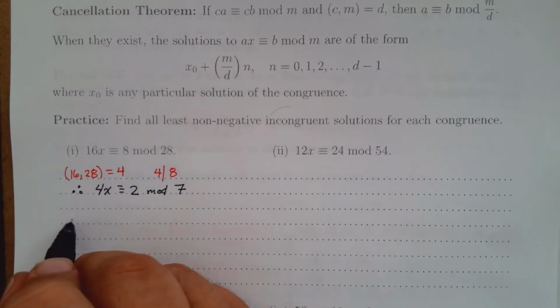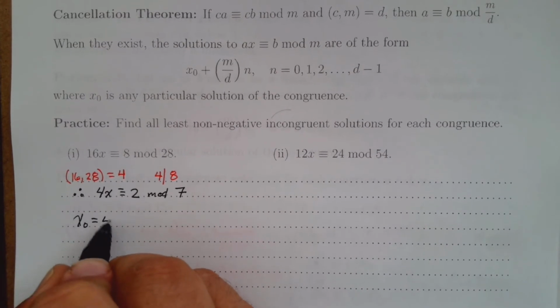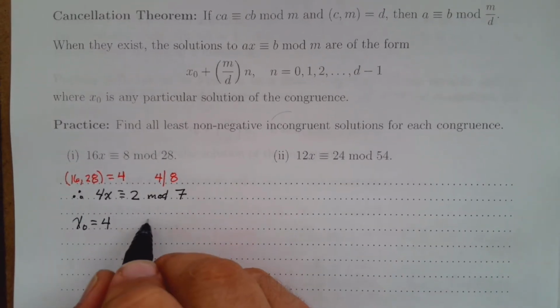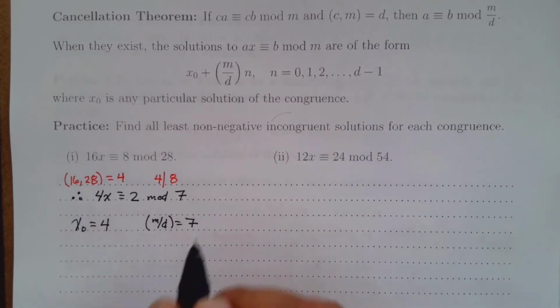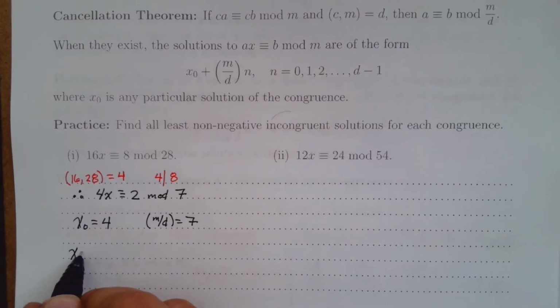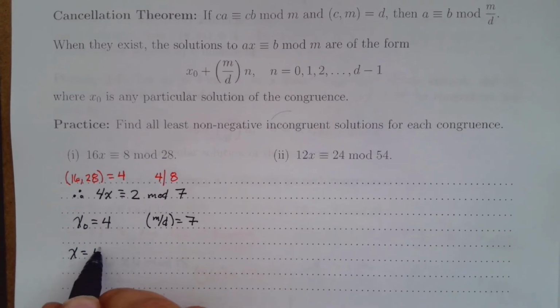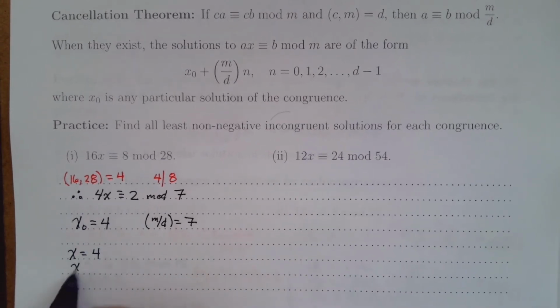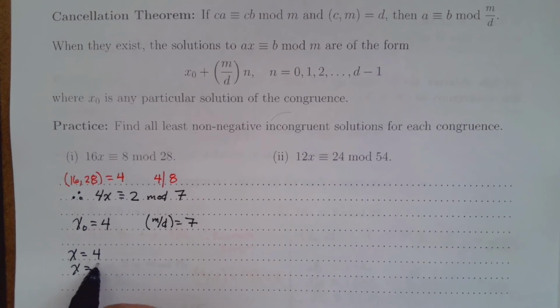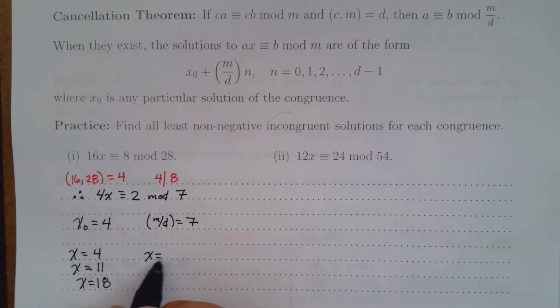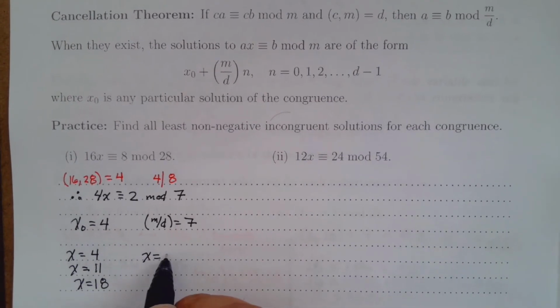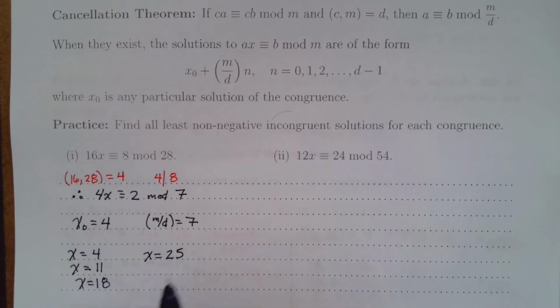So a particular solution is x naught equals 4, and m over d is equal to 7. All of our solutions will be x equals 4, then 4 plus 7, which is 11, then 11 plus 7, which is 18, and then 18 plus 7, which is 25.